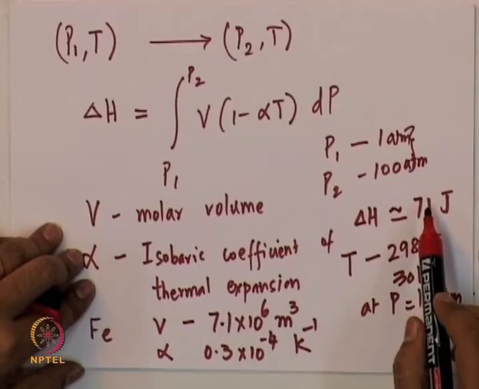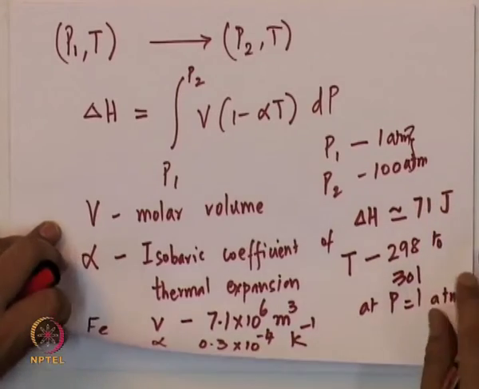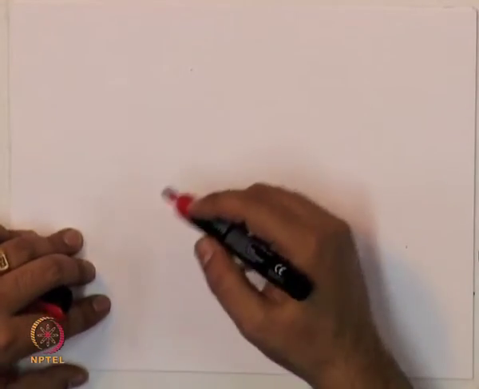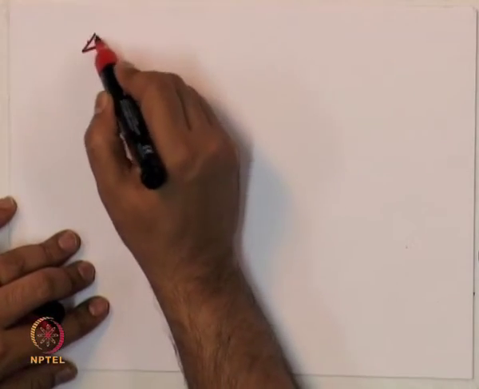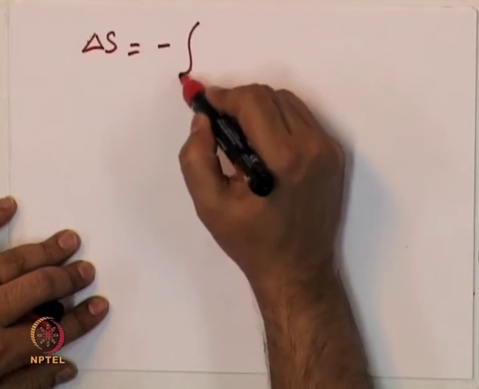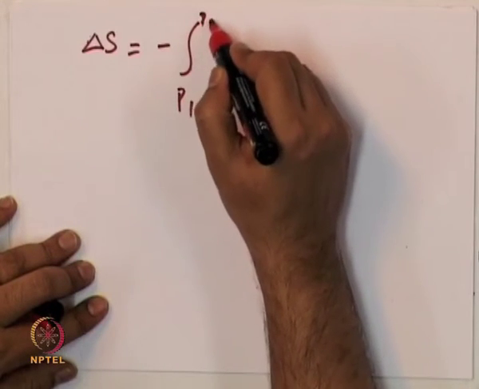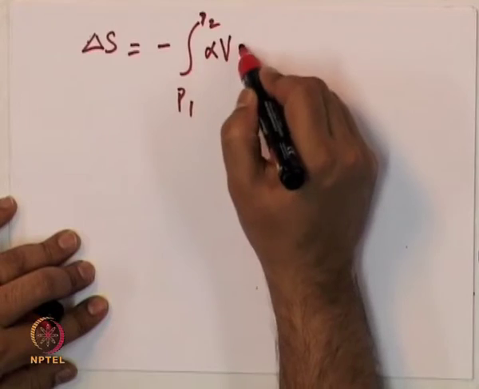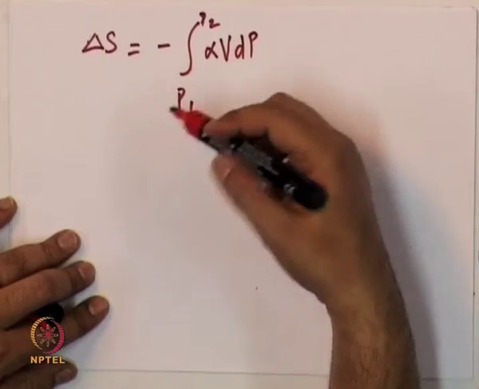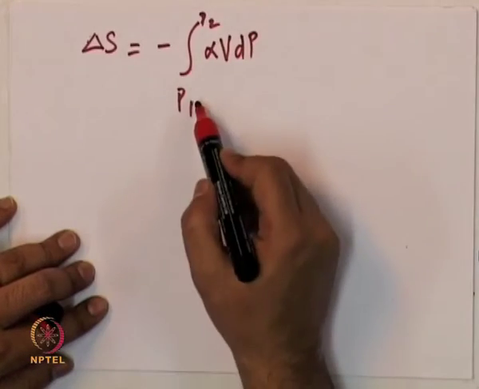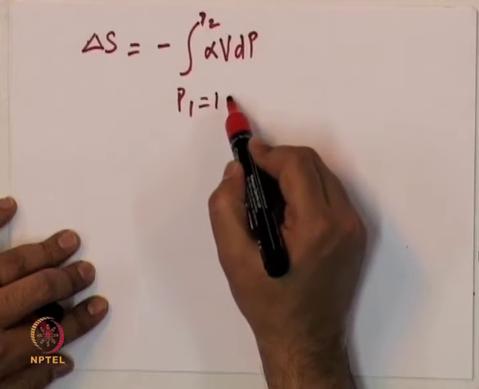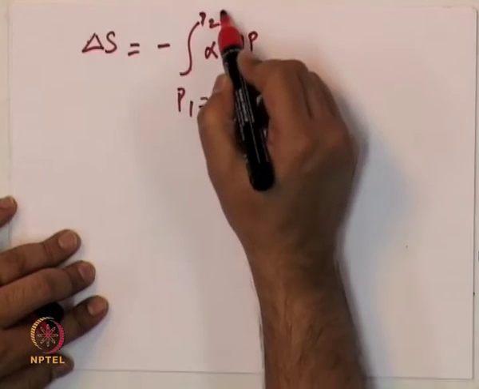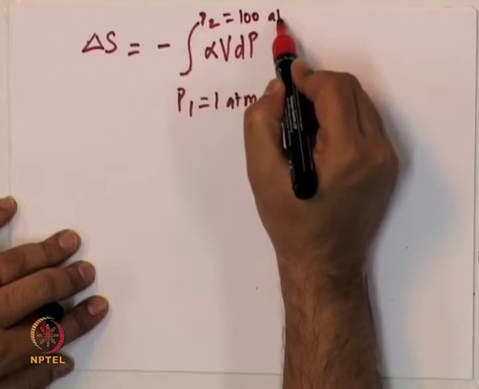In a similar fashion, of course, you can also calculate the change in entropy, again for a change from 1 atmosphere to 100 atmosphere.